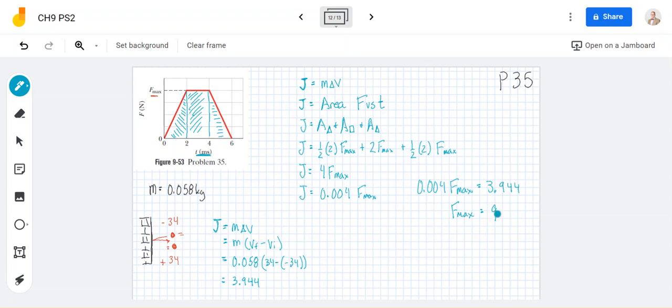And I end up with 986 newtons is my F max. And that's it.